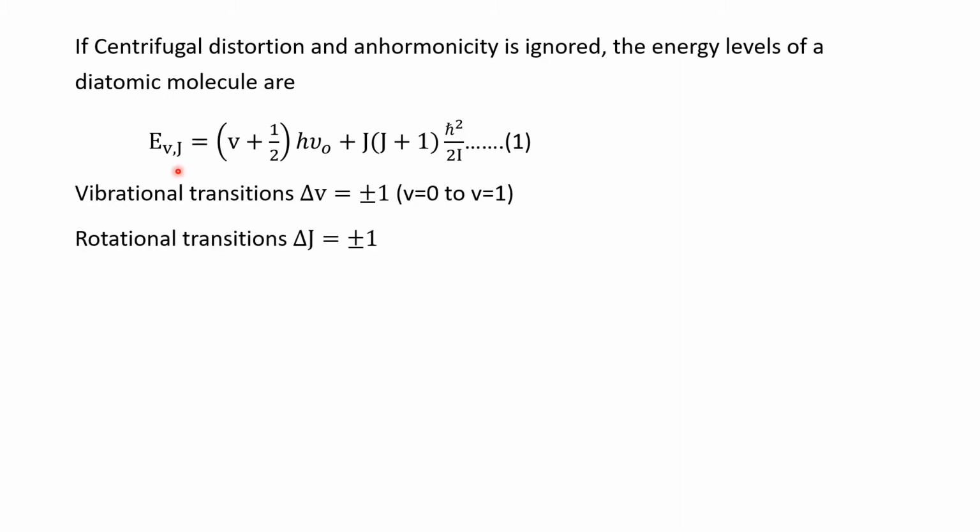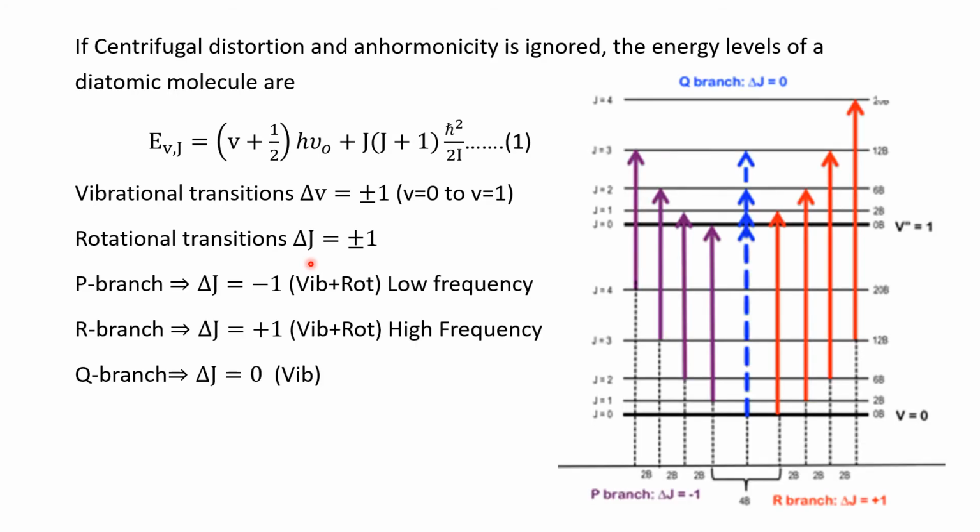So we know that for vibration, we have the selection rule Δv = ±1, for example from v = 0 to v = 1, and we have the selection rule for rotational transitions Δj = ±1. So here we have the vibrational-rotational spectra, and it consists of three branches.